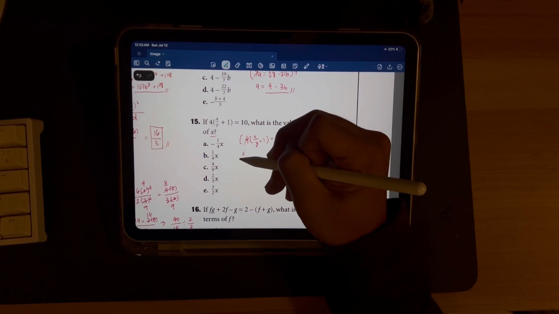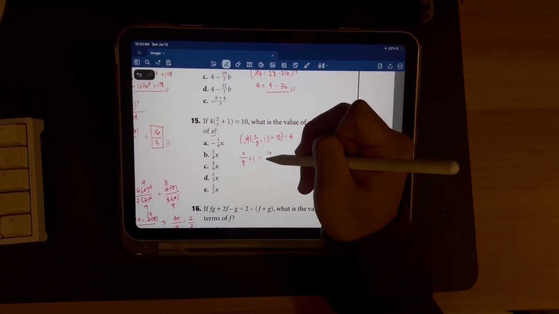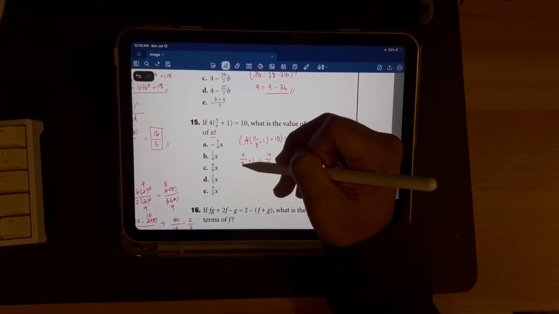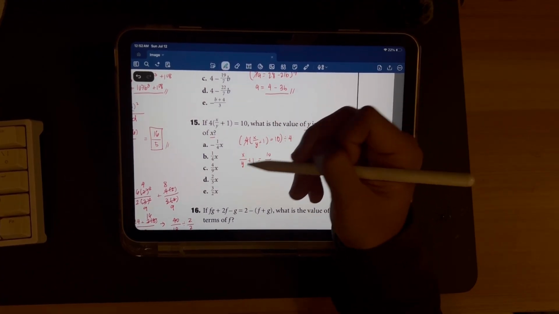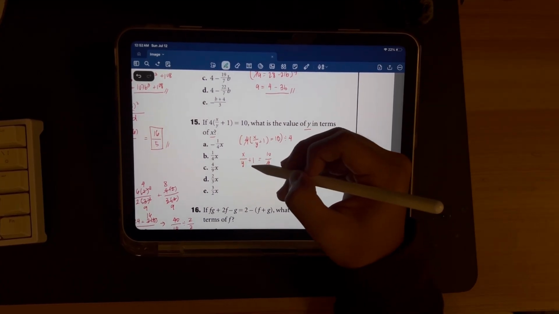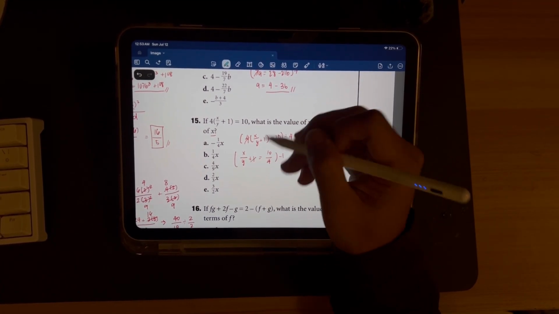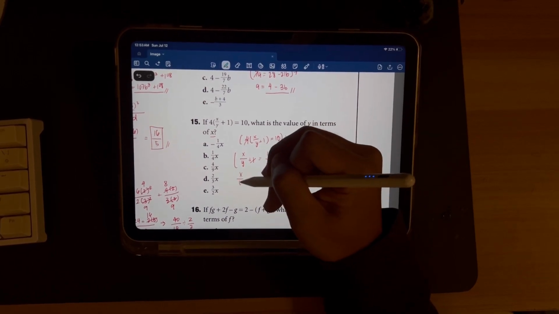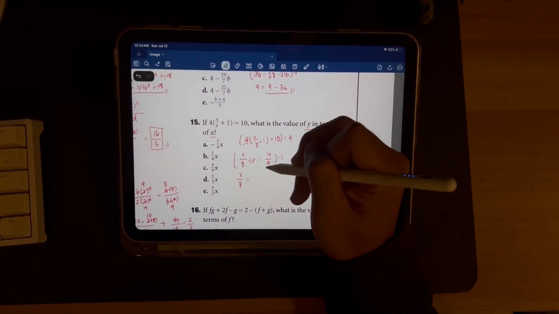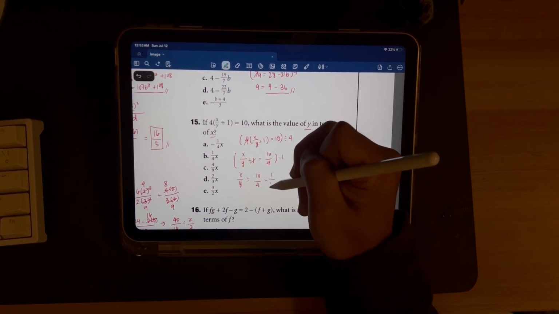Cancel. That will become x over y plus 1 is equal to 10 over 4. Now in order for the y to be isolated, we can actually subtract the 1 first both sides. Cancel. This will become x over y is equal to 10 over 4 minus 1 over 1.